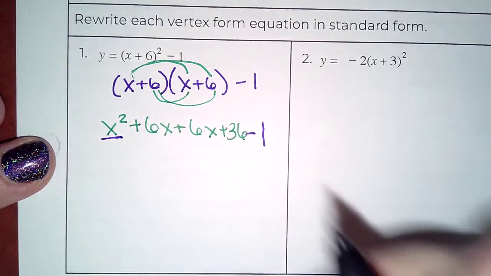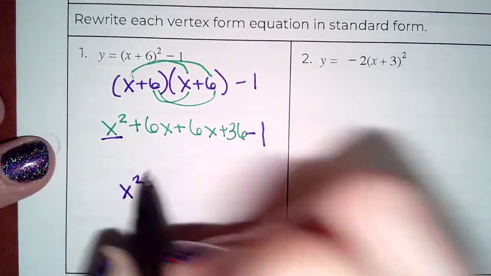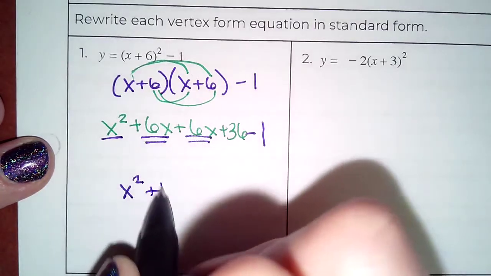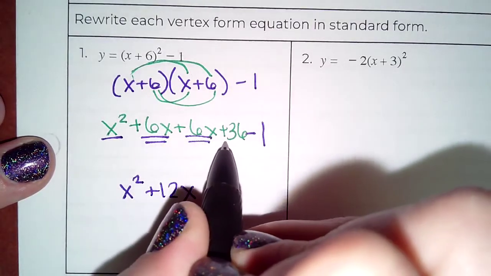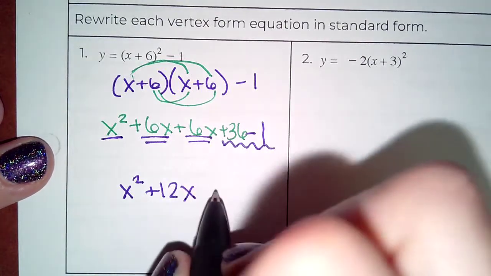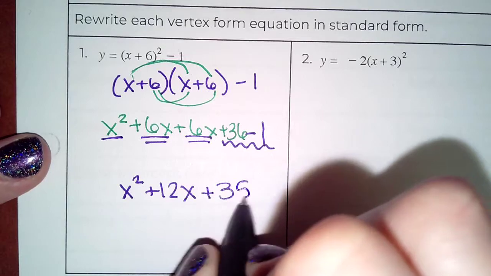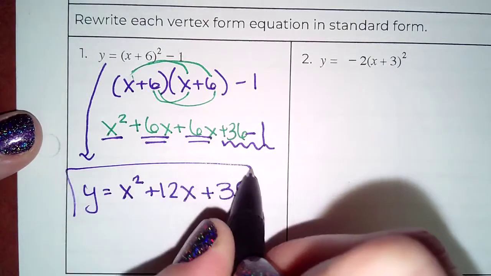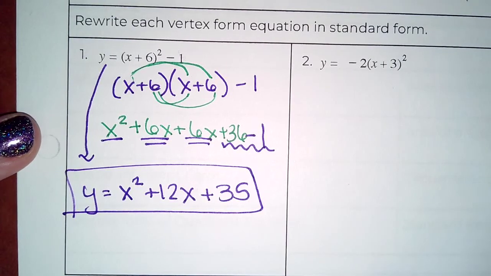X squared has nothing to combine with, so it drops down. 6x plus 6x is 12x. 36 minus 1 is 35. Drop down your y equals, and there's your standard form equation.